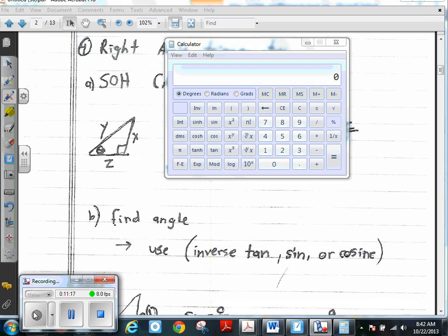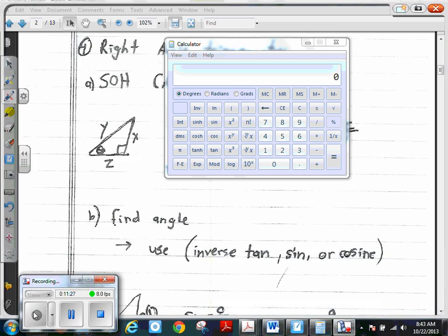So here's an example of a calculator here. And the first thing you want to check for is this. Make sure that your calculator is in degrees and not radians, because we're using degrees as our angle measurements. But here's the cosine button, here's the sine button, here's the tangent button.